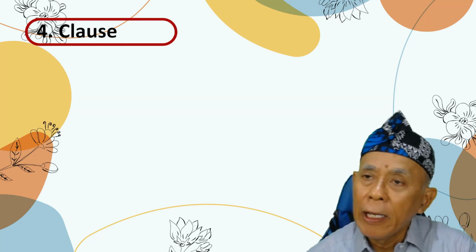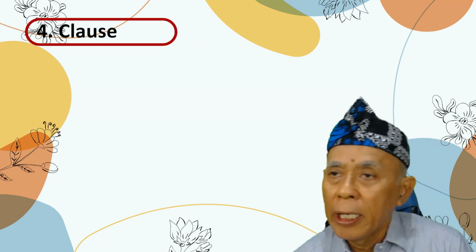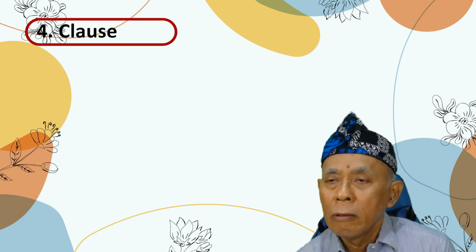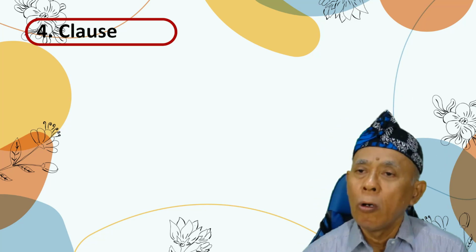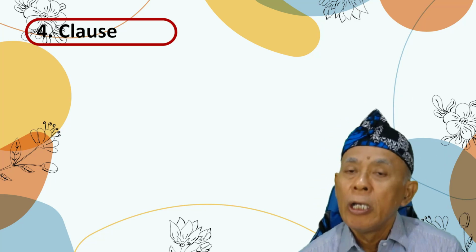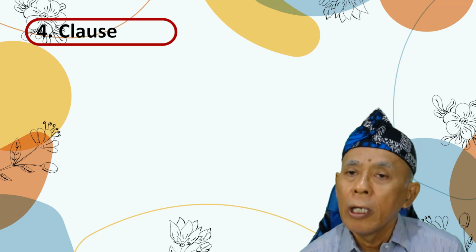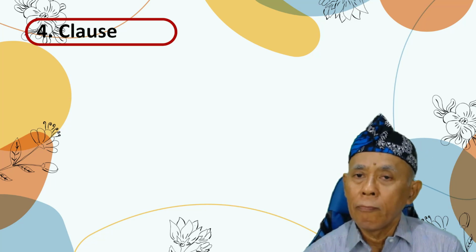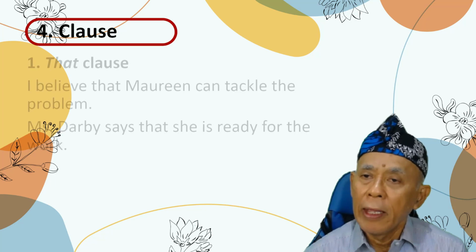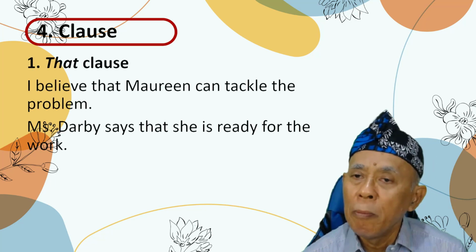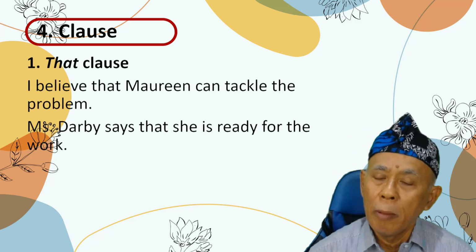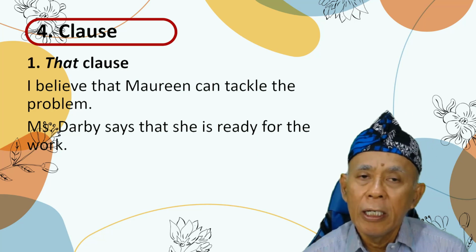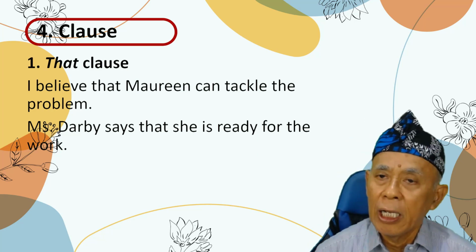And finally, the last form of an object is a clause. We have four types of clause construction which can become the object of a verb. The first is a that clause. We have, I believe that Maureen can tackle the problem. We have that here and the clause, Maureen can tackle the problem.